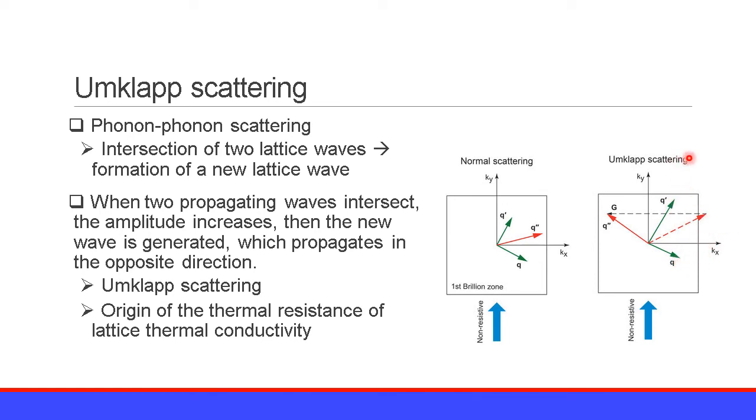This is referred to as Umklapp scattering, and as you can see, this process produces the momentum of a lattice wave in the opposite direction, and therefore it works as the thermal resistance of lattice wave propagation. Therefore, this is the origin of the thermal resistance of lattice thermal conductivity.